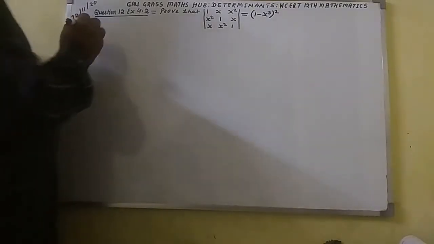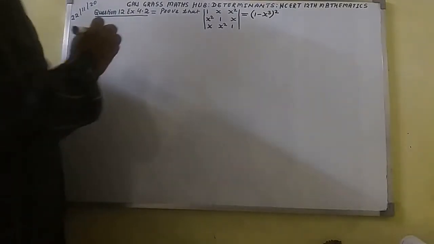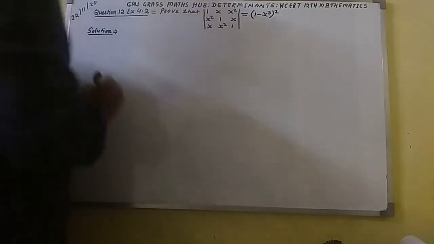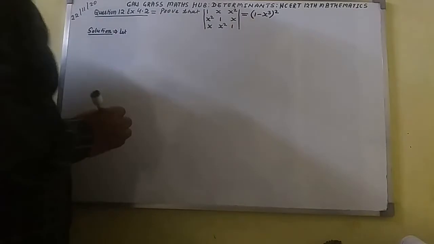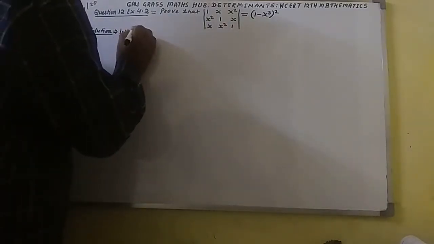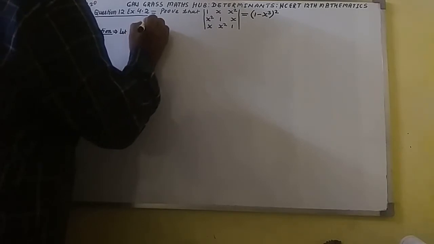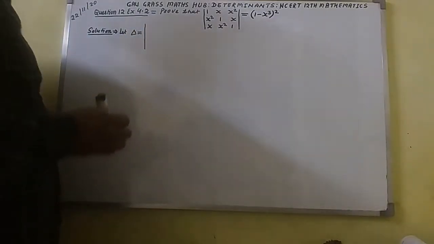Here I shall write the solution. Let delta equal to the determinant, opening of vertical line I have done here.